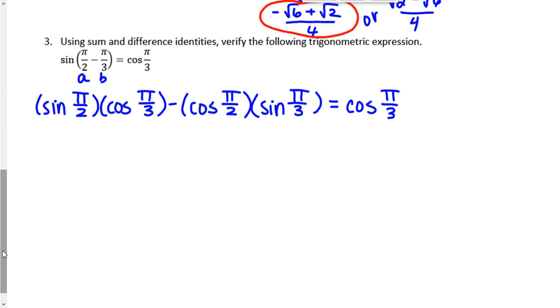Yes. The sine of pi over 2 is 1. Okay. 1/2. 0. Rad 3 over 2.